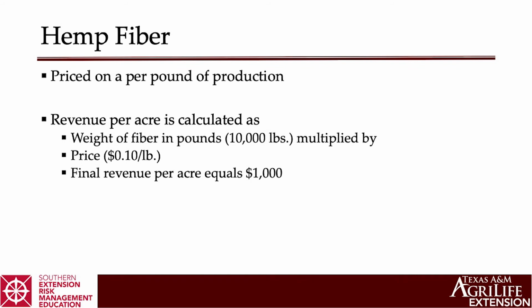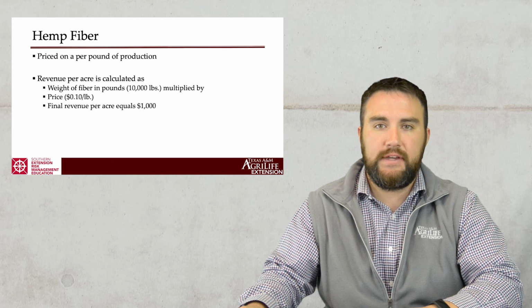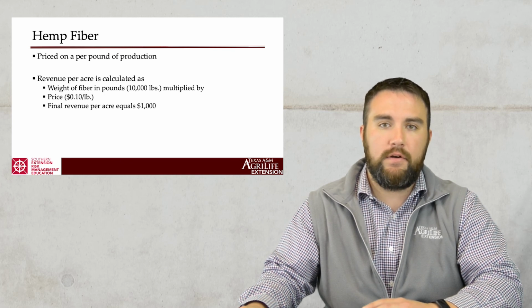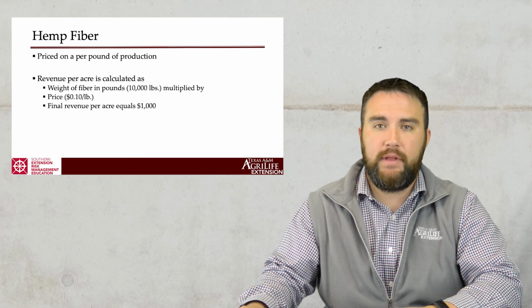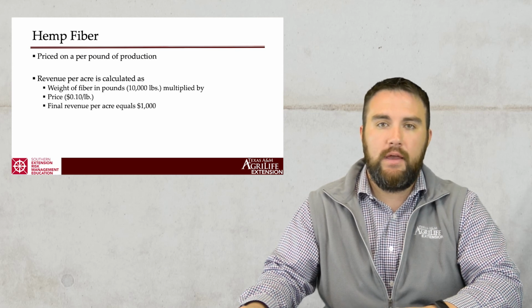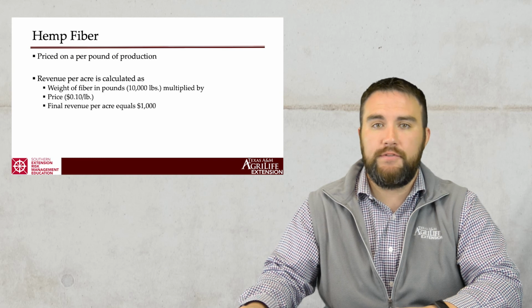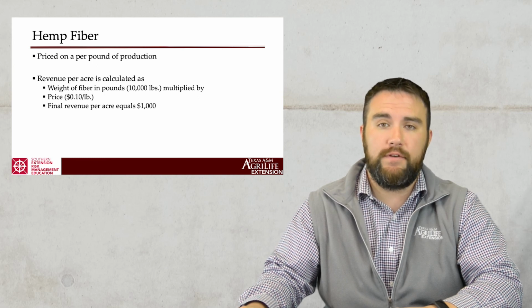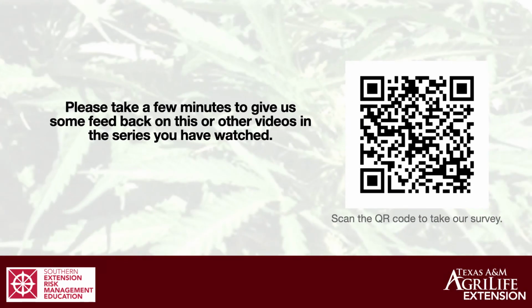One of the key components to consider, which we'll talk about in a cost section of this series, is the cost to haul hemp fiber. There are not very many fiber processing plants in the country, and so the distance for which you have to haul your fiber is going to be a key component on whether or not this revenue yields you a profit in the end.